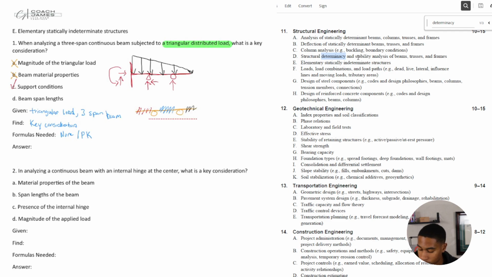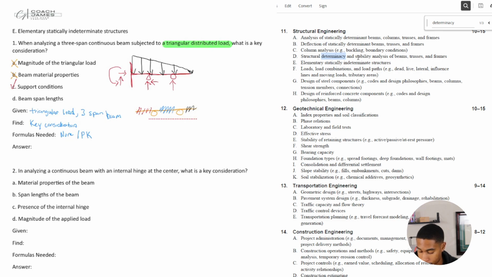Okay, so you can have different supports, and that could allow you to hold more or less weight. So that's why this one is going to be more important.